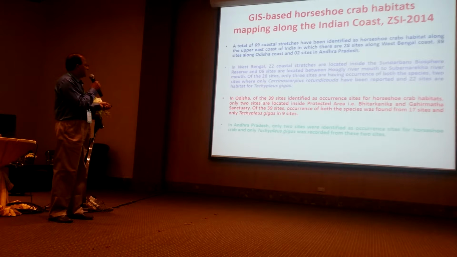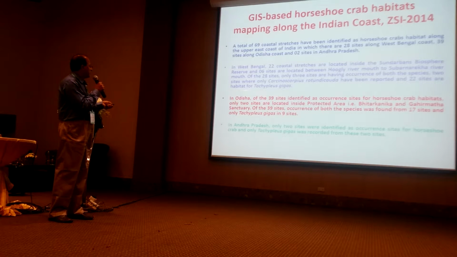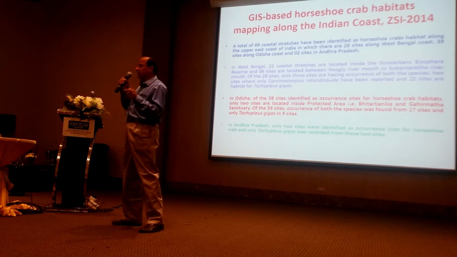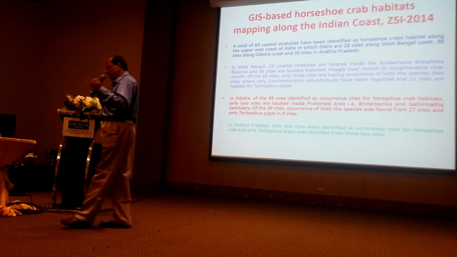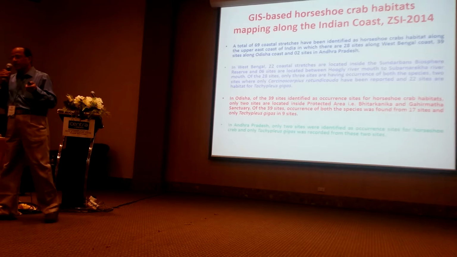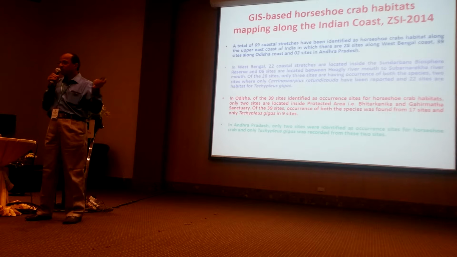Similarly, in Odisha, 39 sites were identified as Asian horseshoe crab habitat, and only 2 sites are located inside the protected areas of Bhitarkanika and Gahirmatha sanctuary. Of the 39 sites, occurrence of both species was found at 17 sites and only T. gigas at 9 sites. But Odisha is very peculiar. We have Bhitarkanika, this estuary, where the Brahmani and Baitarani rivers, 2 major rivers, unite and meet the sea at the Bhitarkanika area.